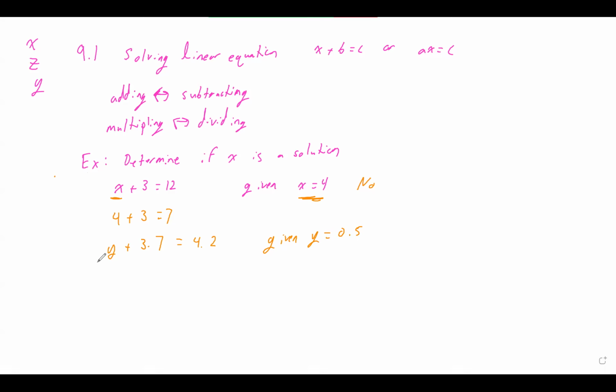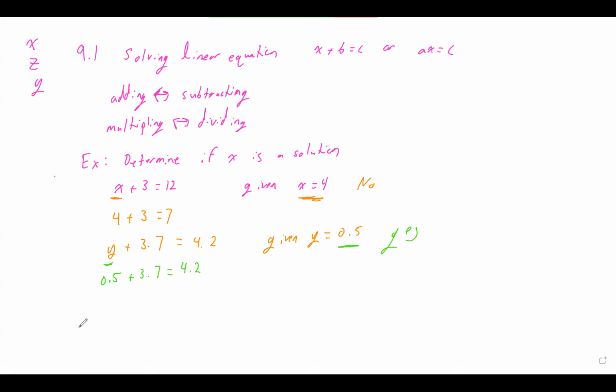Just keep one, it means the same thing. So again, I'm going to take this 0.5 and replace that y with it. This gives me 0.5 plus 3.7. Basically $3.70 plus 50 cents, $4.20. So this would be 4.2, and so this would be a yes. Questions so far?